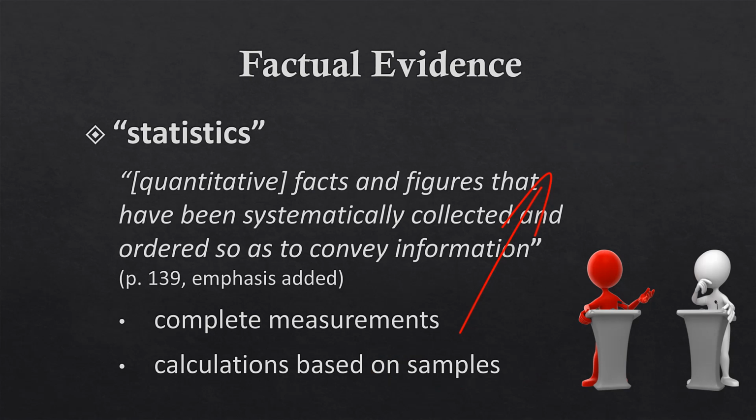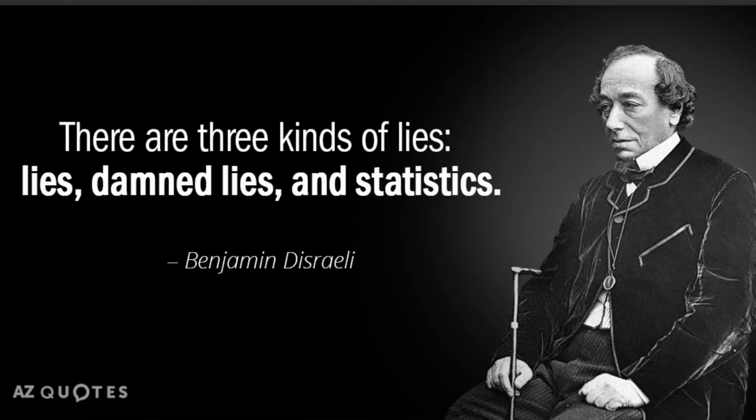Social scientific use of statistics can be a really useful and logically accurate way to get a sense of reality. However, statistics can also be abused in many ways. That's going to be the subject for another video. But just bear in mind for now that, in the classic words of former British Prime Minister Benjamin Disraeli, there can be lies, damn lies, and statistics.